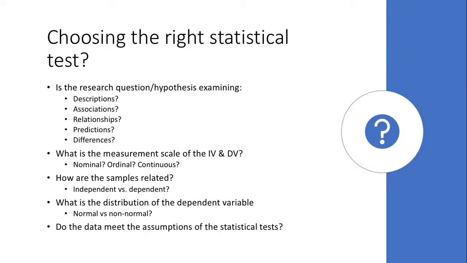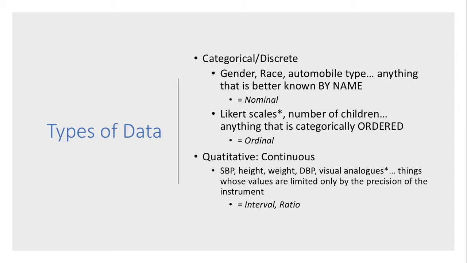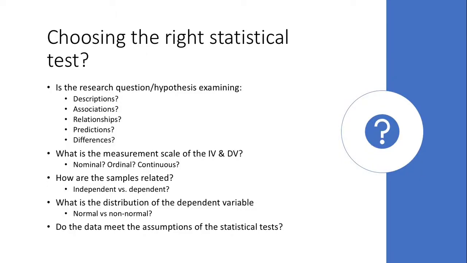All right, now we're going to move on to talking about choosing the right statistical test. It was important that I review those concepts of levels of data because these concepts are important when we start talking about choosing the correct statistical test.